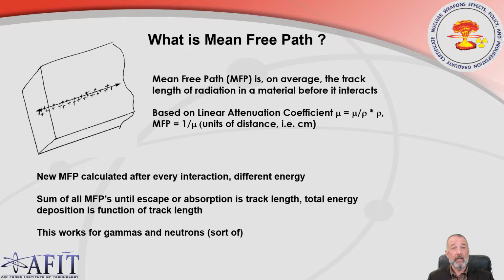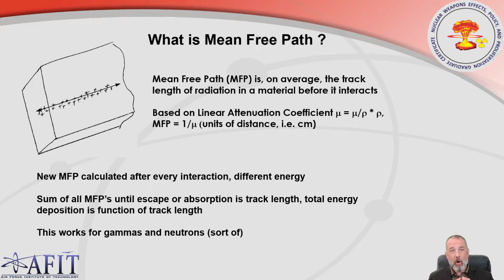Then we get something called the linear attenuation coefficient. And the mean free path is, on average, how far a particle will go into a material before it interacts once. So mean being average, free path, how far does it go before it interacts? That's all a mean free path actually is.